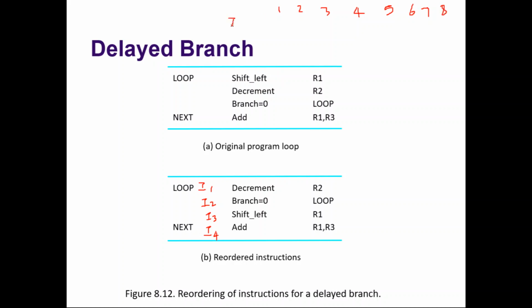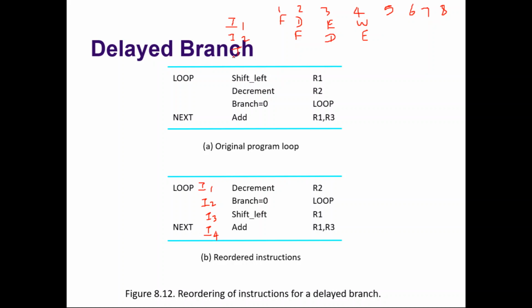Instruction 1 is fetched during the first clock cycle, it's decoded, it's executed, it's written. This is decrement. Instruction 2 is the branch instruction. It is fetched during the second clock cycle, it's decoded, it's executed, and there is no write. It's a branch instruction, there is no write.